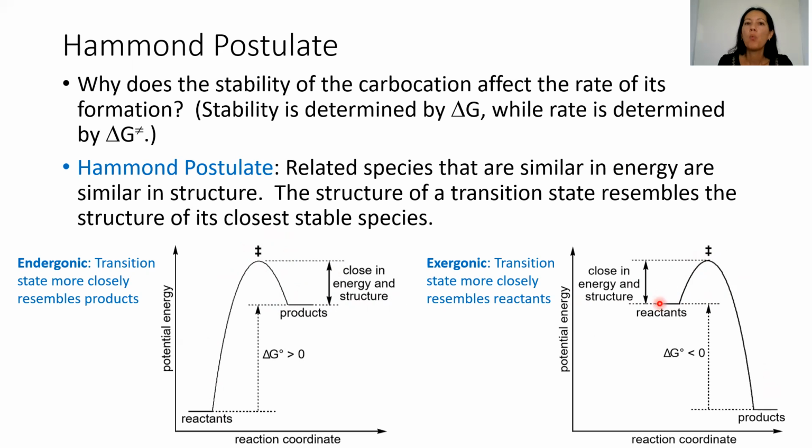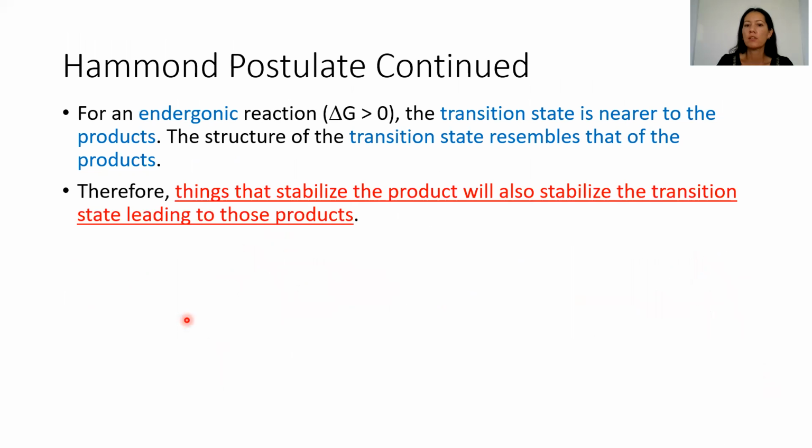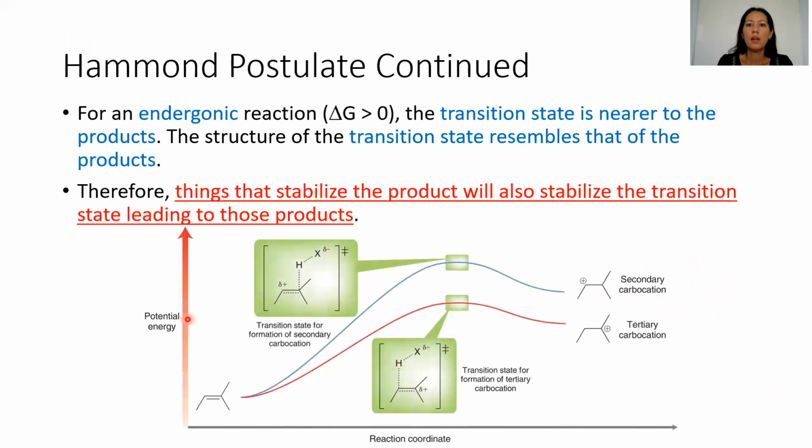Okay, how does this apply to carbocations? Basically, the carbocation is a higher energy intermediate, and if you just take a snapshot, it's going to be considered our product in this case, so it'll resemble this endergonic transition state or endergonic reaction.